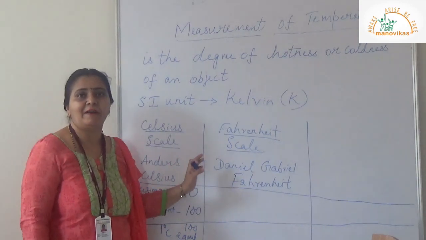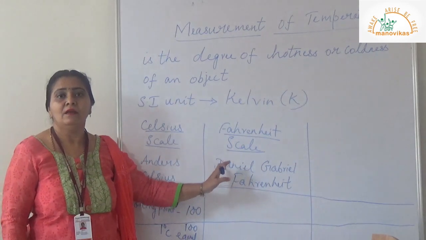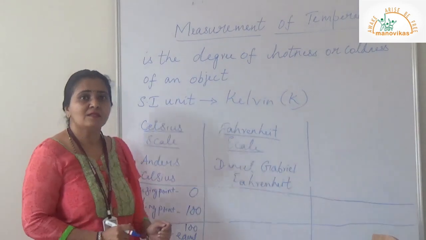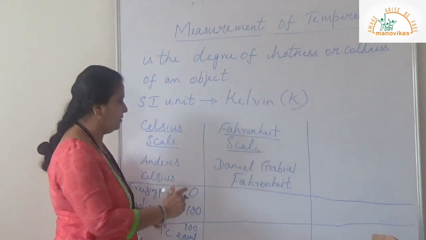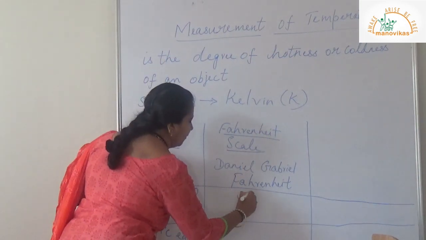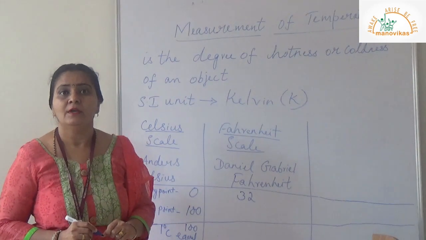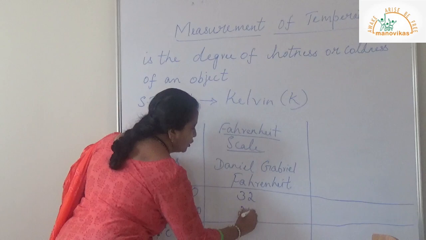Now let us see Fahrenheit scale. Fahrenheit scale was introduced by Daniel Gabriel Fahrenheit. In this scale, the freezing point of water is taken as 32 and the boiling point of water is taken as 212.